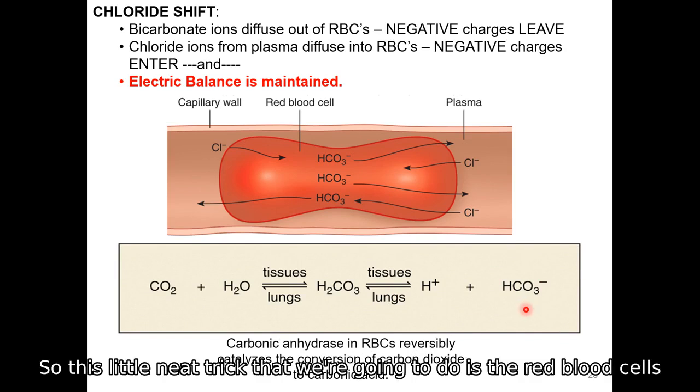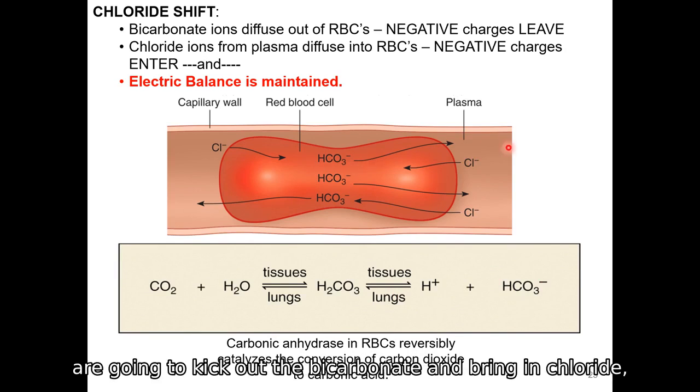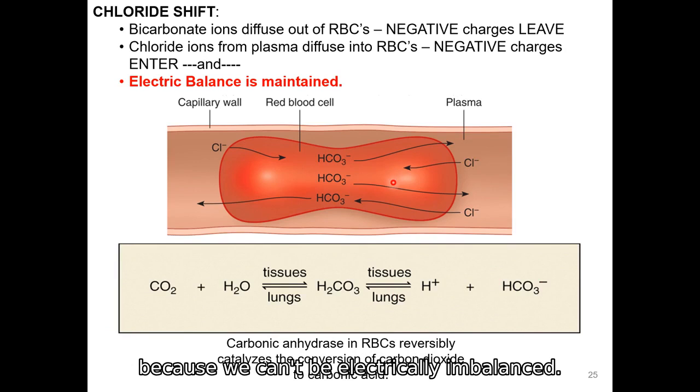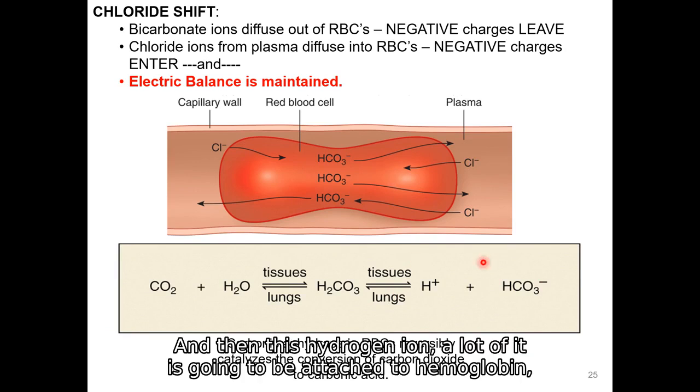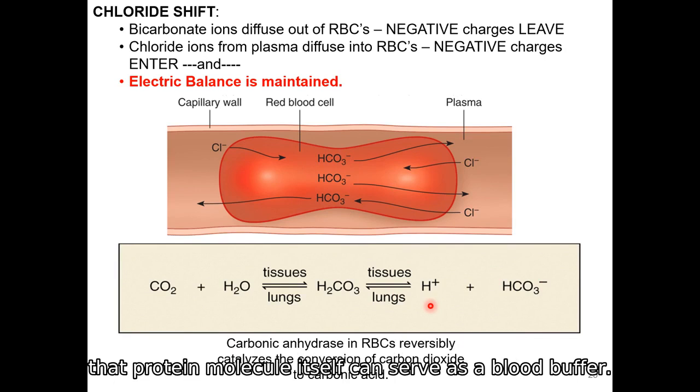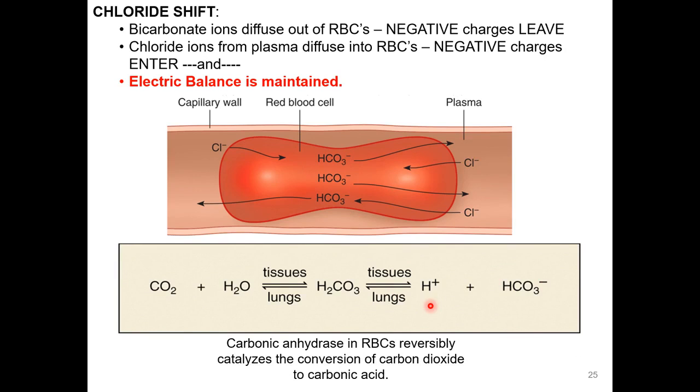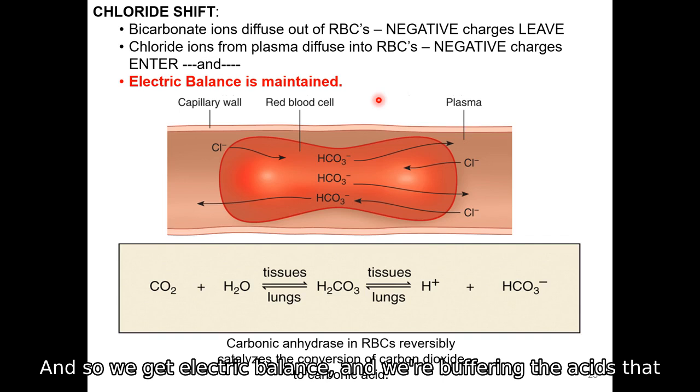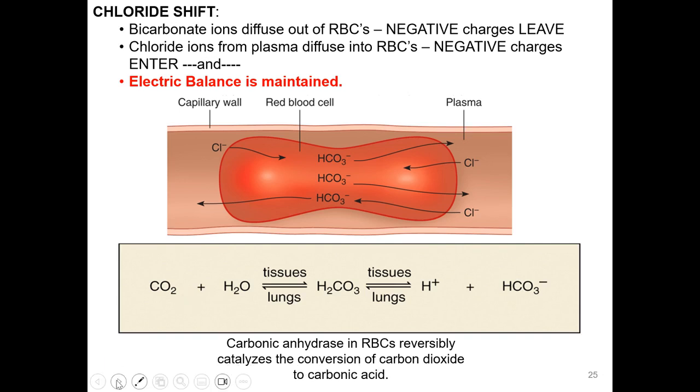So this neat trick is that the red blood cells are going to kick out the bicarbonate and bring in chloride because we can't be electrically imbalanced. And then a lot of this hydrogen ion is going to be attached to hemoglobin; that protein molecule itself can serve as a blood buffer. And so we get electrical balance, and we're buffering the acids that we make in our bloodstream.